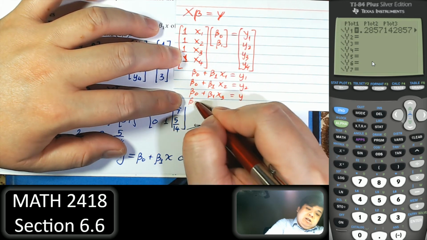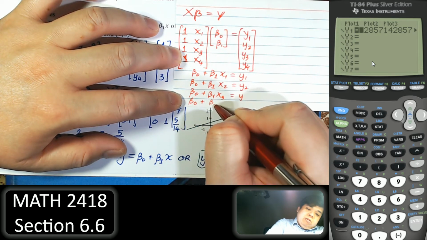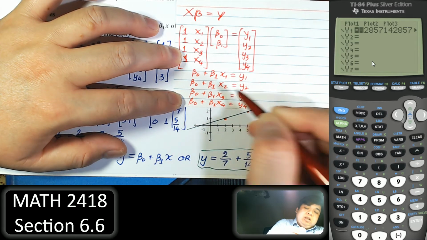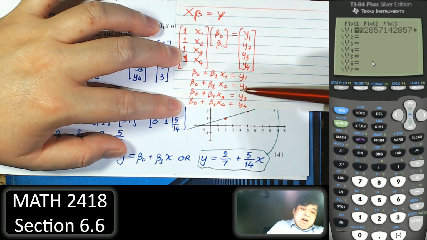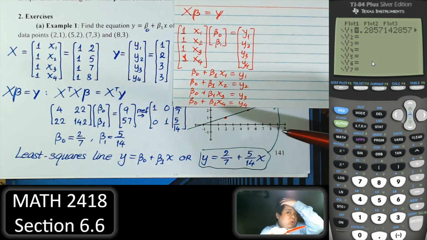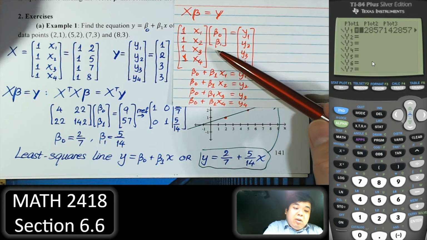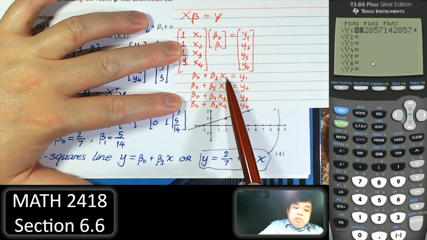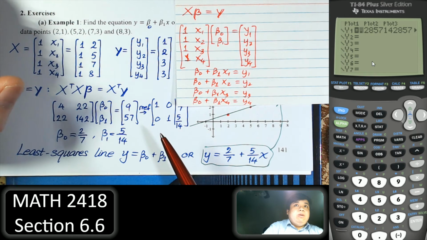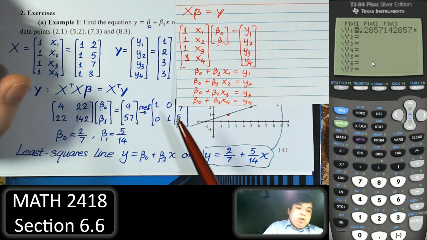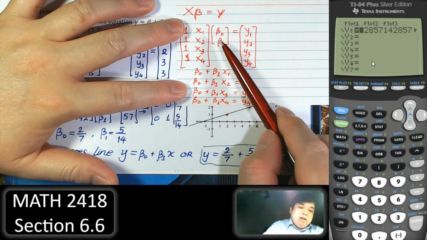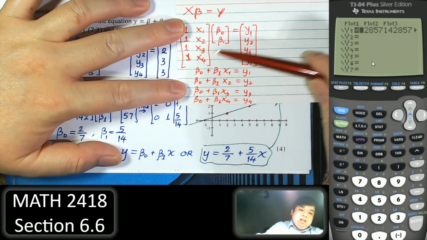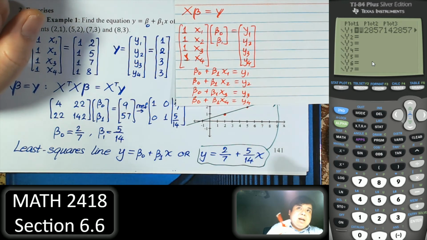Beta naught plus beta 1 x4 equal to y4. As you see, we just have a bunch of linear equations, and what we're trying to find here is the beta naught and beta 1 so that the solution is as close to y as possible. So that makes sense, right? So if we want the best fit line, that's beta naught and beta 1, and multiplied in this way. That's why we can set it up like that.